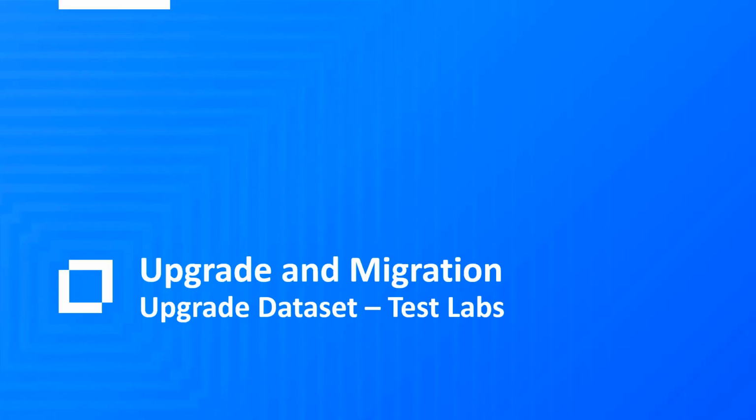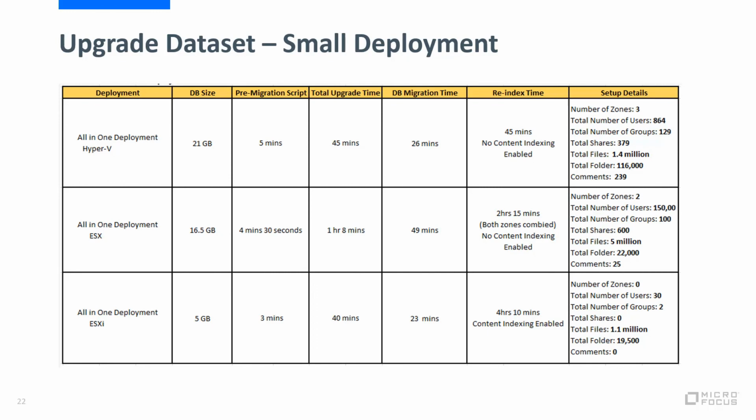So last of all, I just want to go through some timings with you, just to give you a rough idea of how long it's going to take. And these, by the way, seem to be a little bit longer than people are seeing in the field.